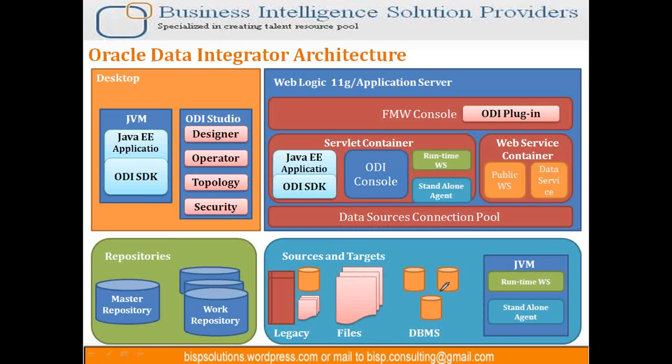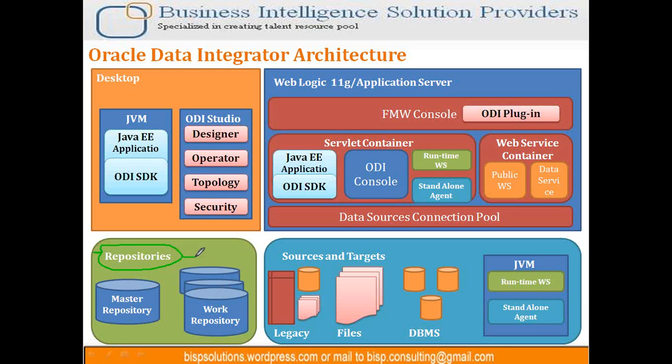Okay, so here we have a small architecture of ODI, where we have all the components and the source and target of ODI. Here you can see at the lower end you have repositories.